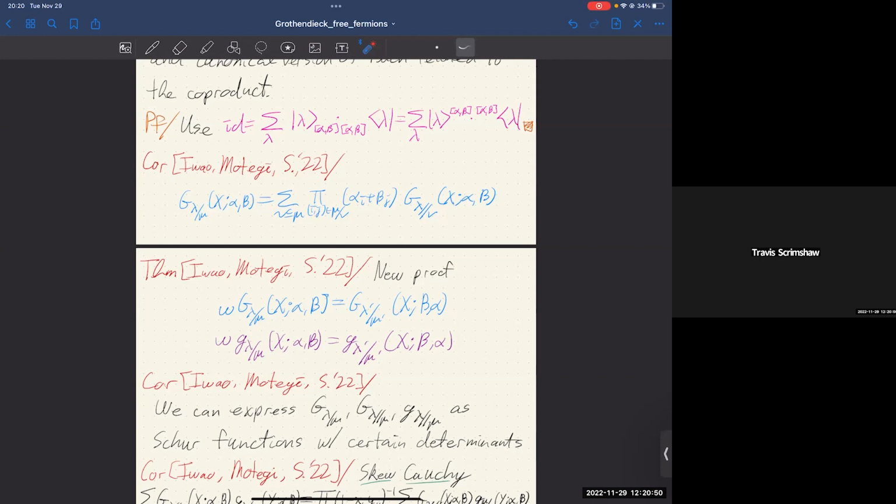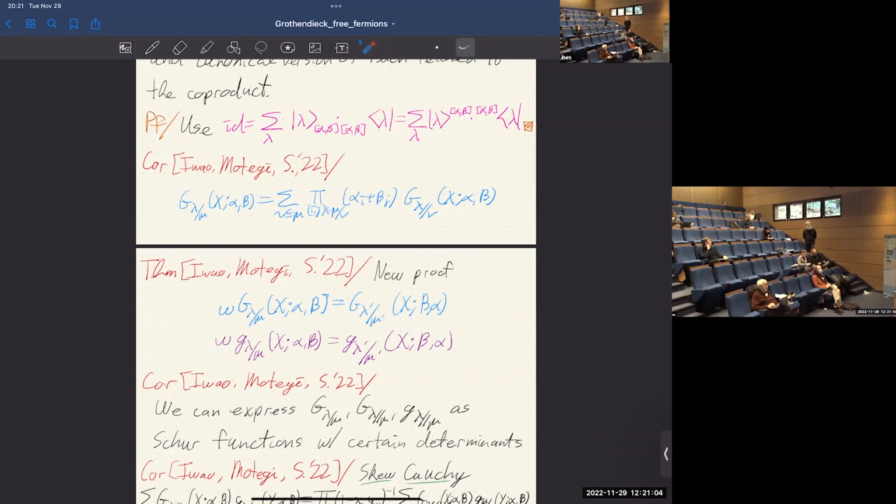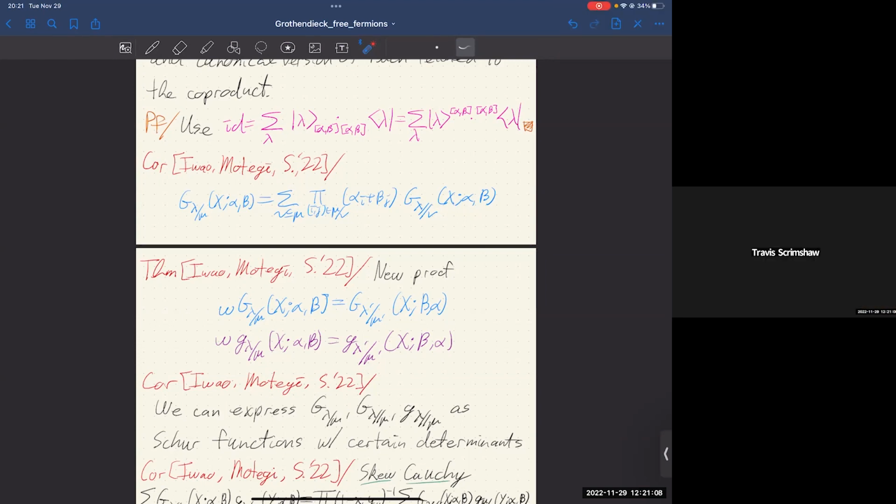Maybe does this also work for Lascoux's multi-Schur functions? Do you know? You mean double? Well, not double.